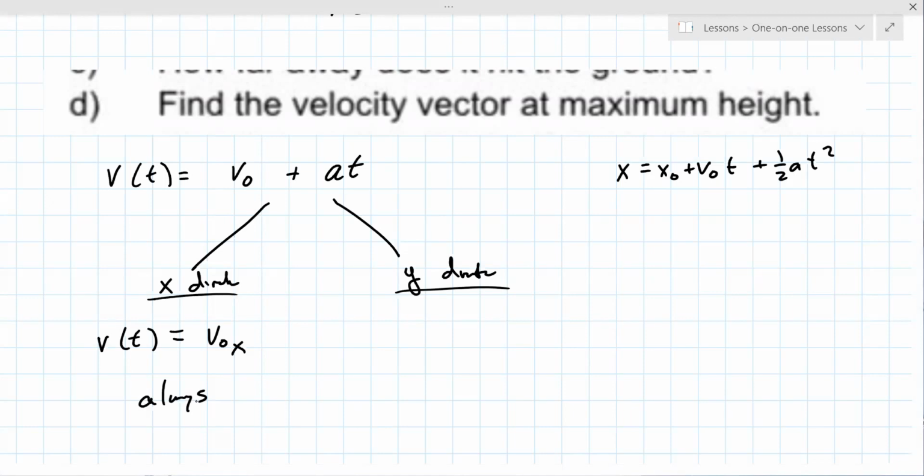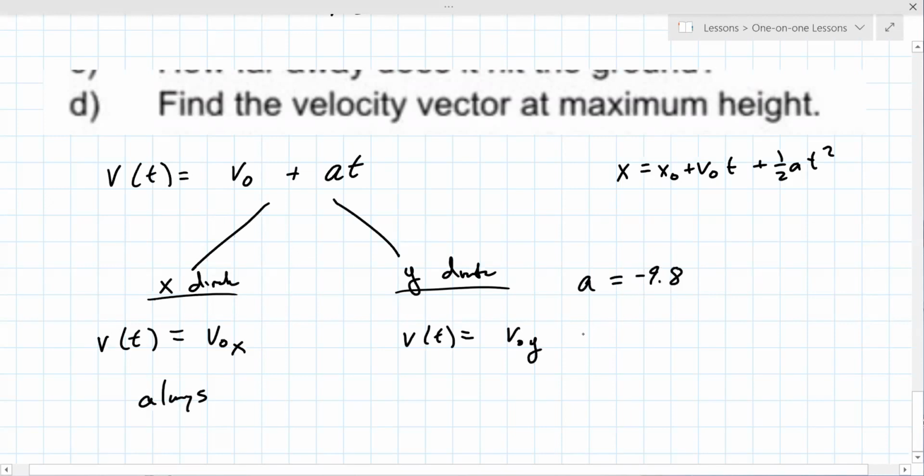in the y direction, the velocity is the initial velocity in the y direction plus acceleration times t. We know that acceleration is minus 9.8, so it's often written as minus g t, but g is negative 9.8.